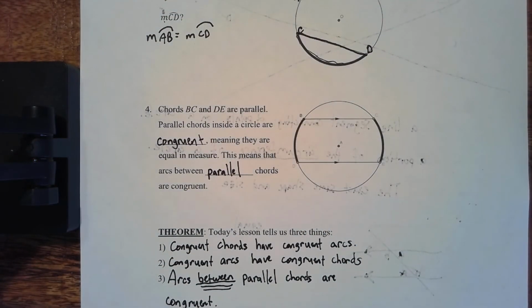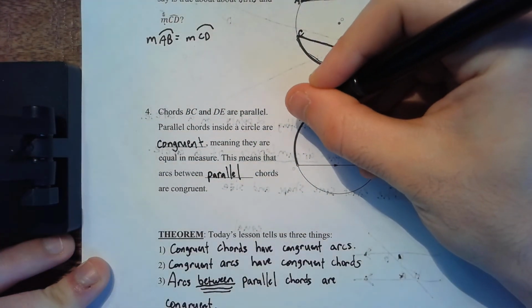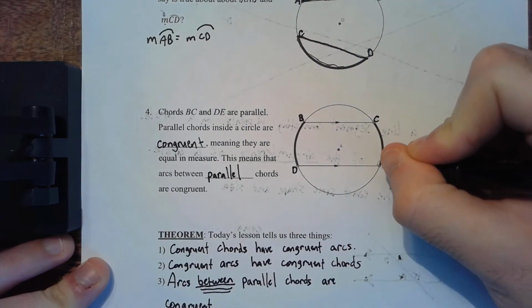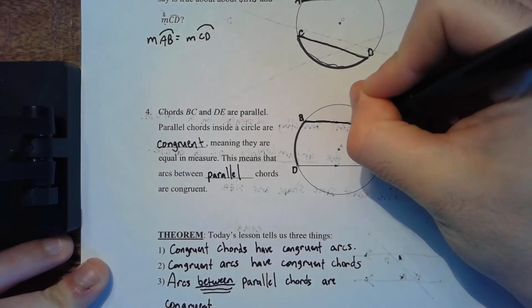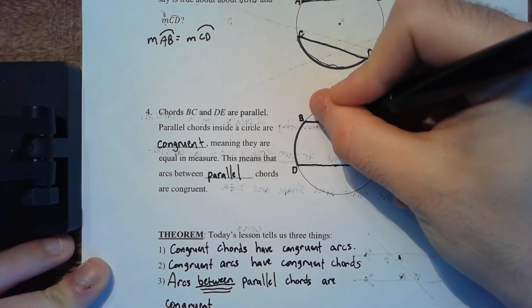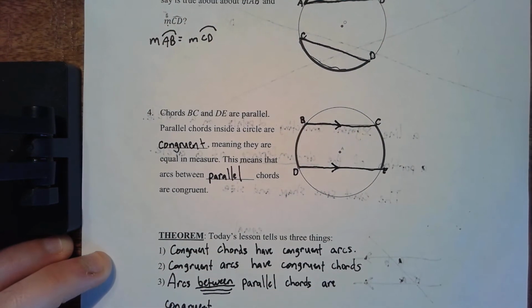Okay, so part 4 says chords BC. So again, there's a chord BC, and here's chord DE. That's something like that. And then you can't really see it, but it has these 2 parallel lines just like that.